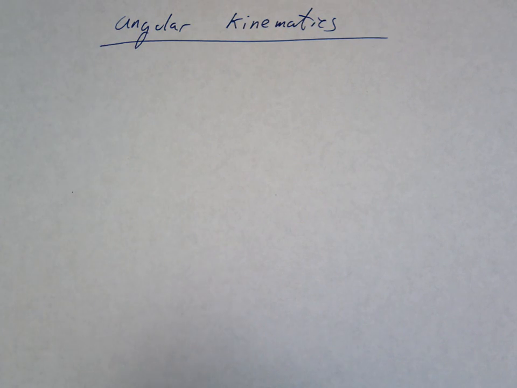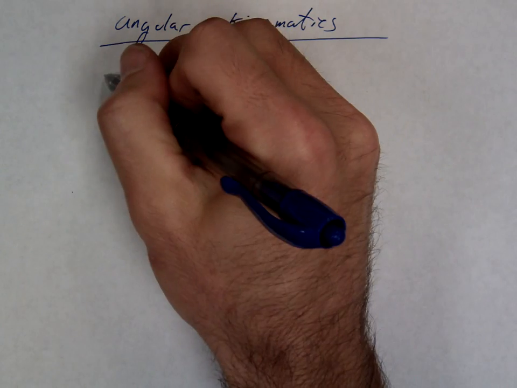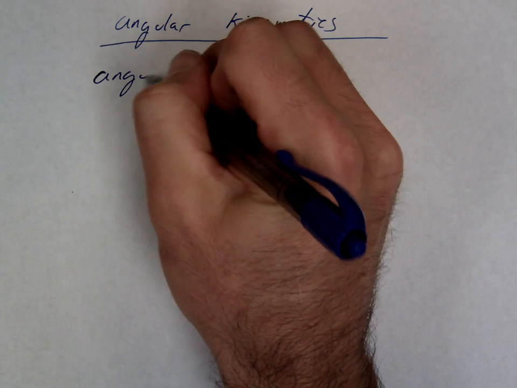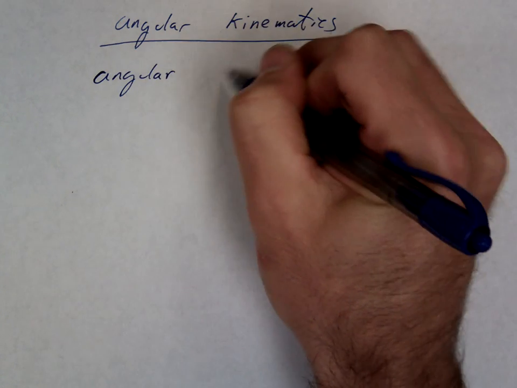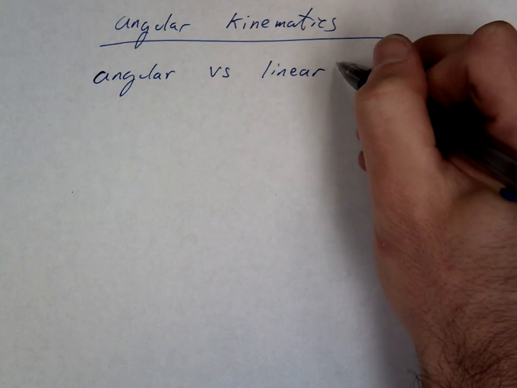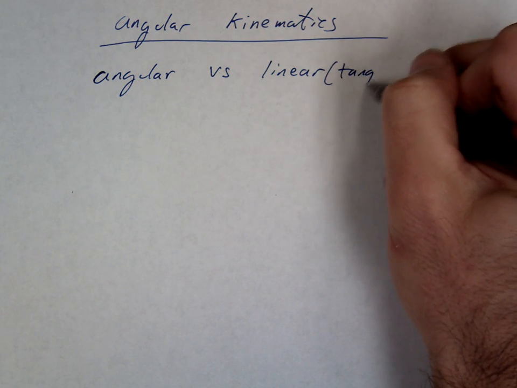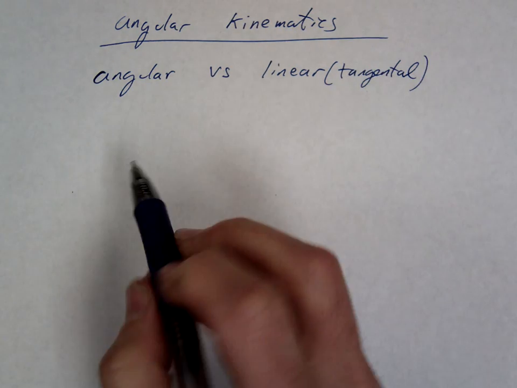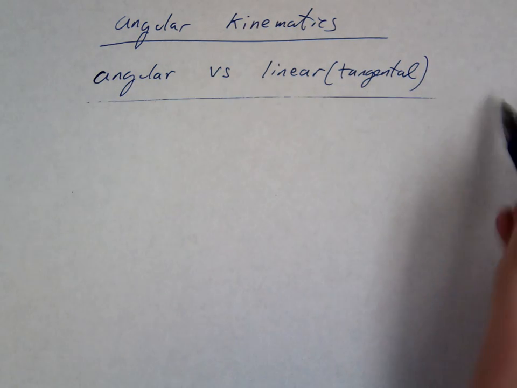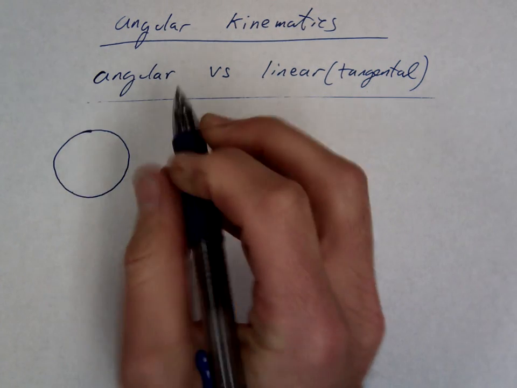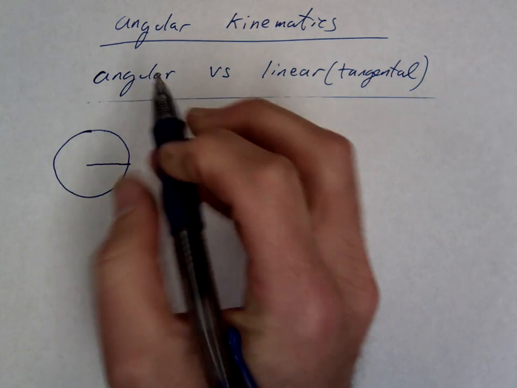Okay, so let's just figure out the relationship between the angular quantities versus linear quantities, or sometimes you'll hear the word tangential quantities. So for example, on our circle, we've already talked about this a little bit.